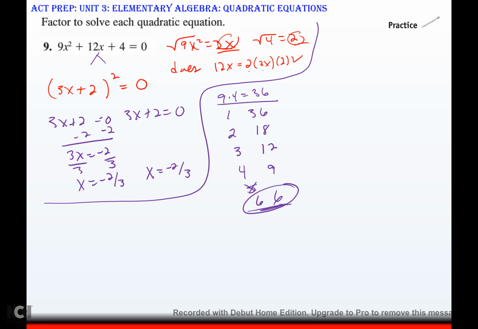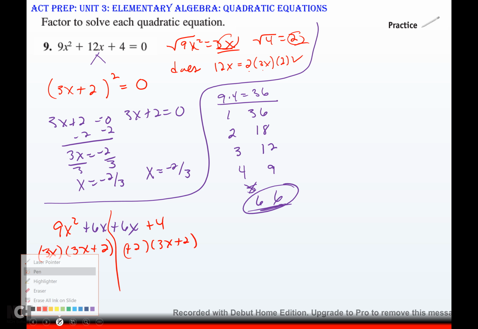Okay, so if I rewrite 12x, that'd be plus 6x plus 6x. Bring my first and last, 9x squared plus 4, 2 by 2. I can GCF by 3x over here, which would leave 3x plus 2. I can GCF by 2 over here, which leaves 3x plus 2.